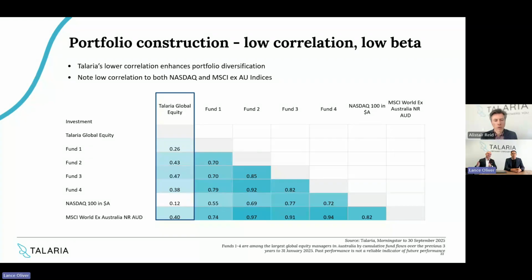Those 4 actually being the largest strategies in Australia by assets raised. We talked about Popular earlier in the presentation. So you're looking at ourselves on a correlation matrix versus the largest 4 most popular global equity strategies, but also against the NASDAQ for those passive investors on the call, versus NASDAQ and MSCI.